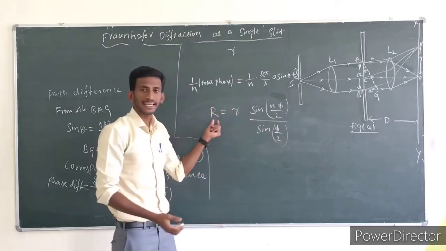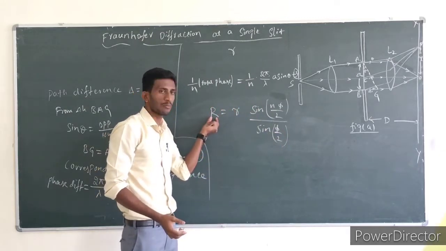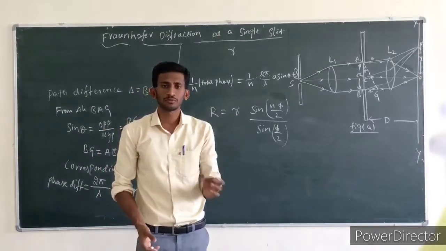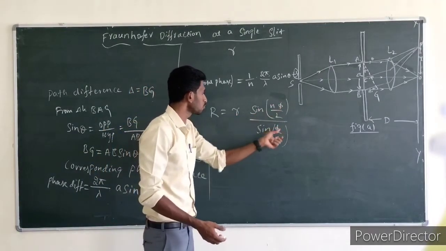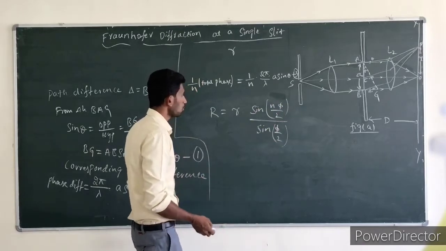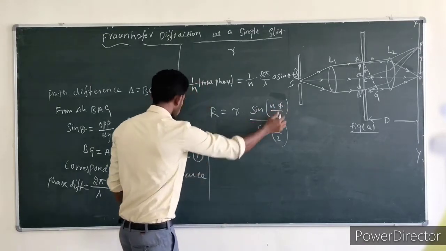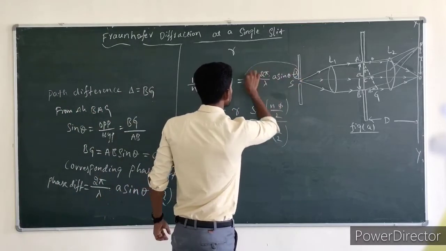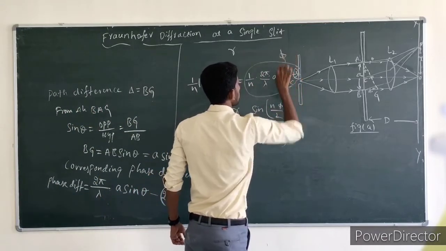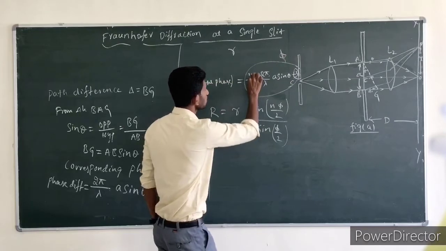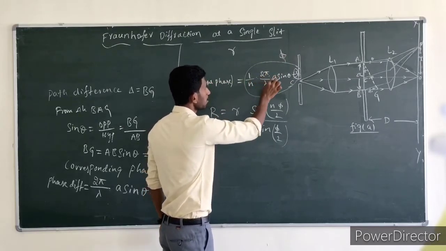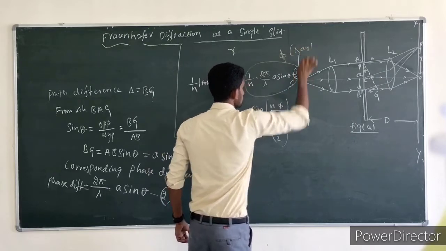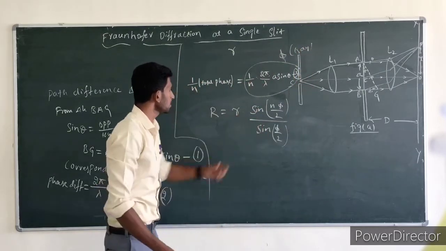Here capital R is the resultant amplitude and small r is the amplitude of each part. Now let me call this complete term phi. So phi is equal to 1 by n into 2 pi by lambda into a sin theta. Now substitute this phi value in this equation.